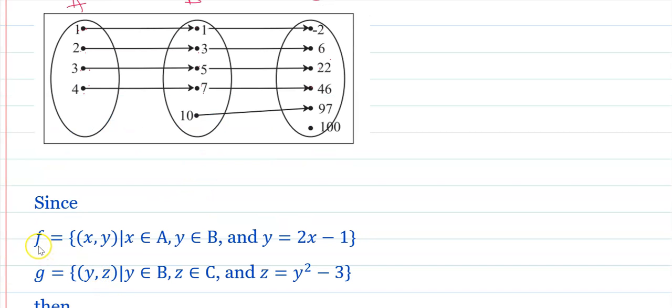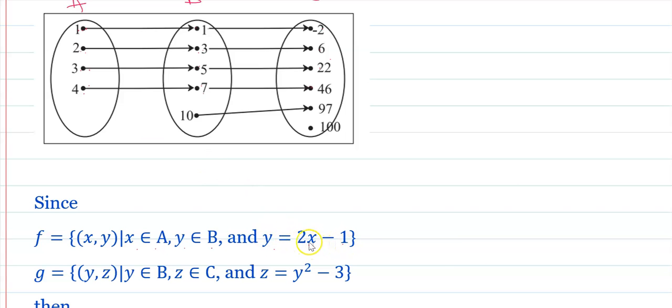Again, see this is the relation. f is equal to the set of pairs (x, y) such that x belongs to A, y belongs to B, and y is equal to 2x minus 1. The elements of B are obtained by taking 2 times the element of A and subtracting 1. That is 2 into 1 minus 1, that is 2 minus 1, you will get 1. Again, y is equal to 2x minus 1.